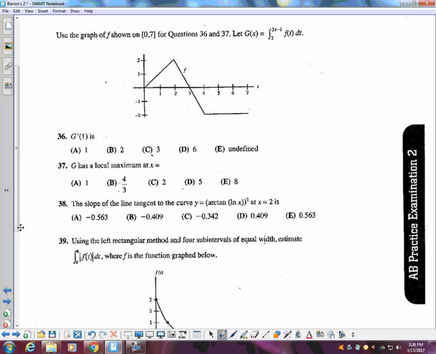Do you remember, in the very top line above the graph at the very end, the variable in your limits, from your lower limit to your upper limit? Does everybody see the 3x minus 1? Does anybody remember what we did with that?